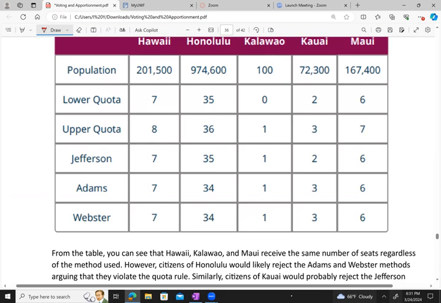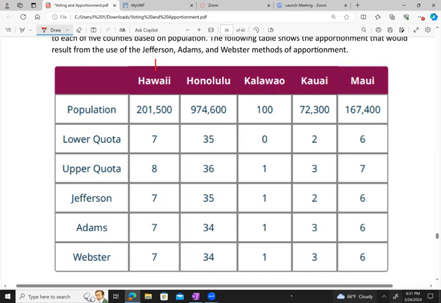So from the table you can see that Hawaii and Oahu and Maui receive the same number of seats regardless. All sixes, all ones, all sevens.